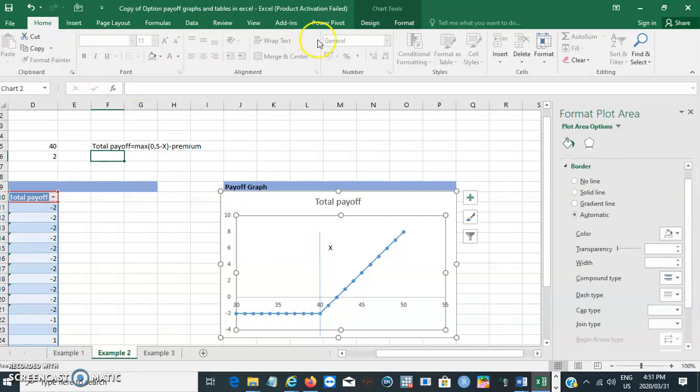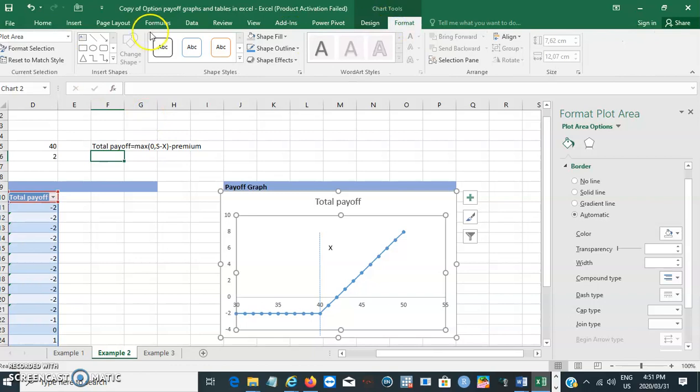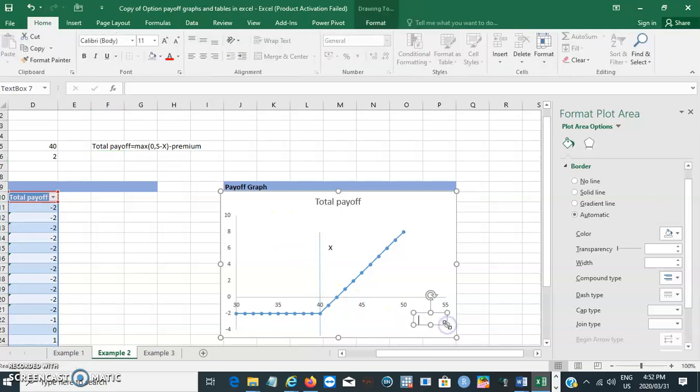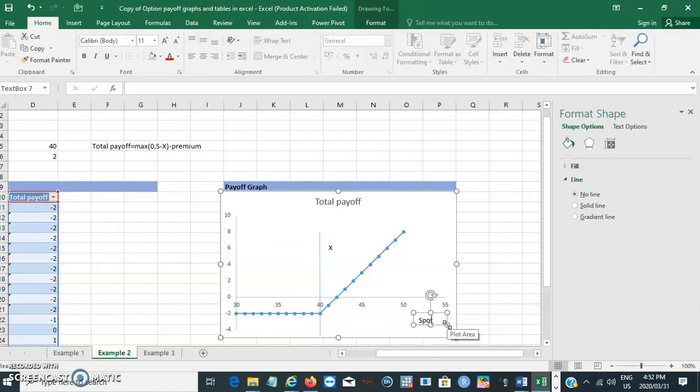You can also put labels on your axis. Spot price of the underlying, which is S. It's also advisable to reduce the font in this case, make it smaller so that your things can fit.